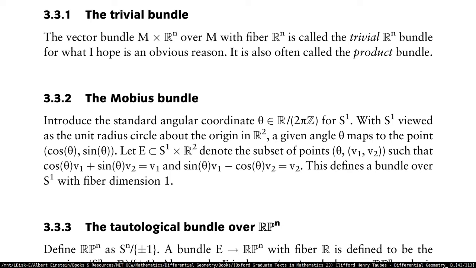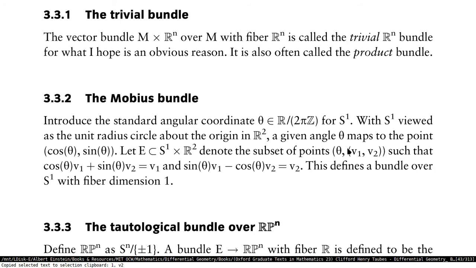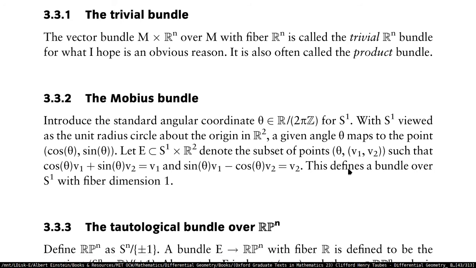No, V1 and V2. The vector V1, V2 is in R2. Oh, so these are numbers, not vectors. It doesn't matter. So yes, we're taking a rotation matrix, cosine, sine, negative cosine, and multiplying it by V1, V2. And we get V1, V2 back out.